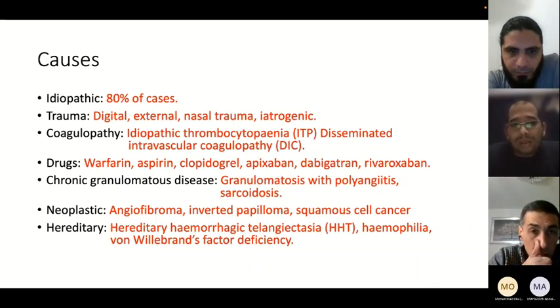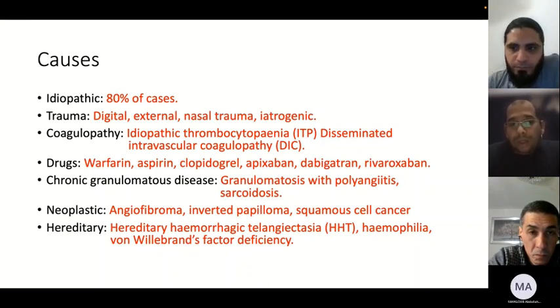In 80% of cases we don't find any underlying cause for these nosebleeds. The other cause is trauma, which can be digital nose picking, external trauma to the nose, or iatrogenic trauma after any nasal surgeries.